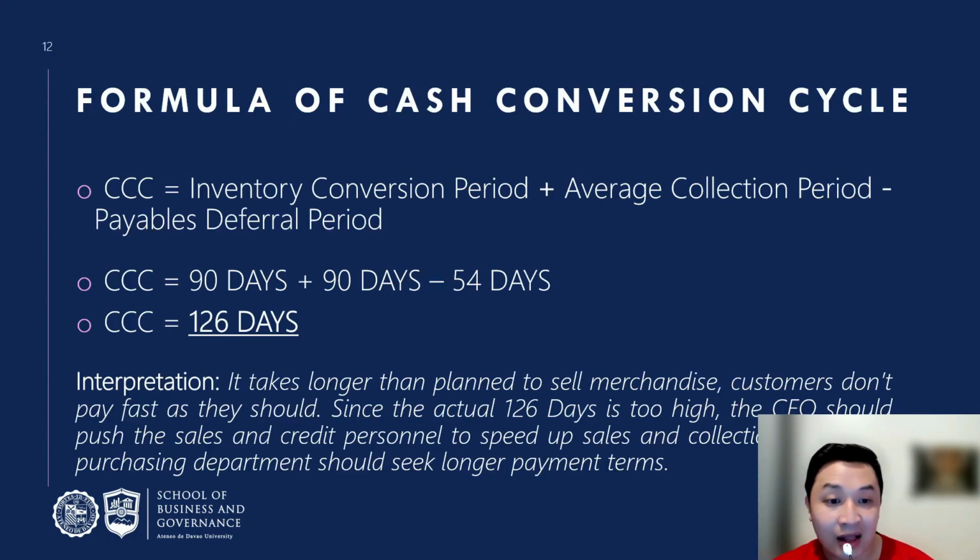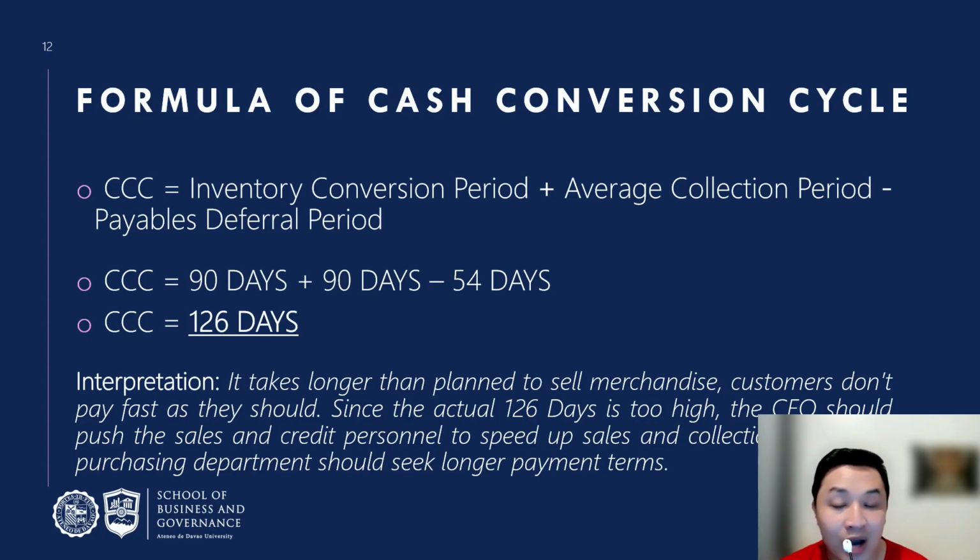After getting all the values of the components of the cash conversion cycle, we can now compute our real cash conversion cycle. The formula again is inventory conversion period plus average collection period minus payables deferral period. Using the real values that we have computed, it is 90 days from our IC period, plus 90 days from our AC period, minus 54 days.